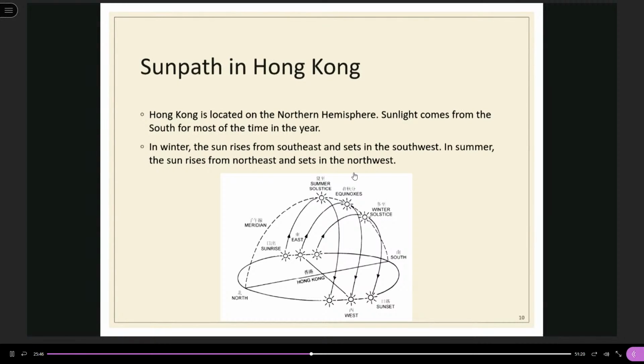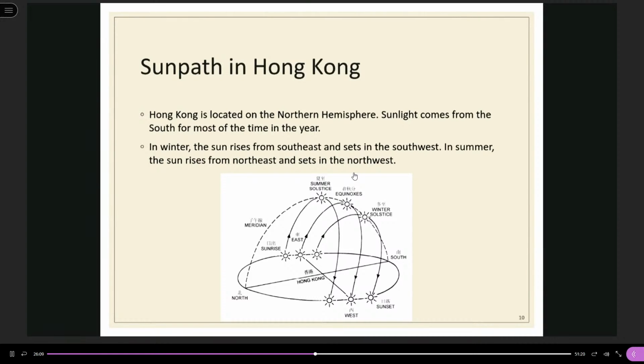Okay, and in the summer, we have sunlight coming from the north for a short period of time. So in winter, the sun rises from the southeast and sets in the southwest. And in the summer, the sun rises from the northeast and sets in the northwest.